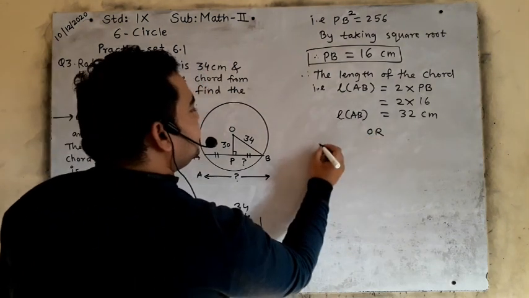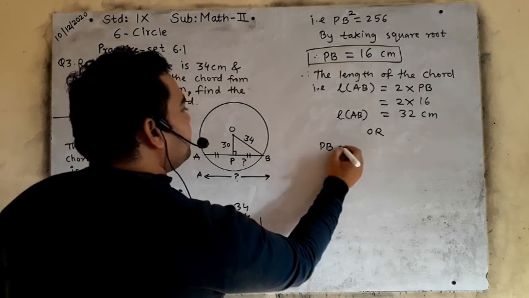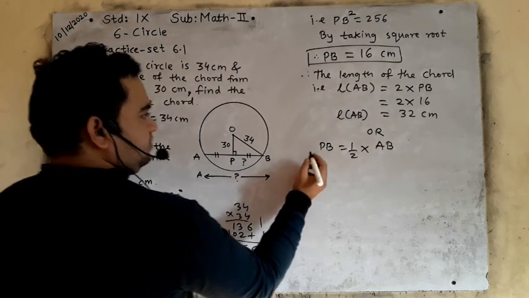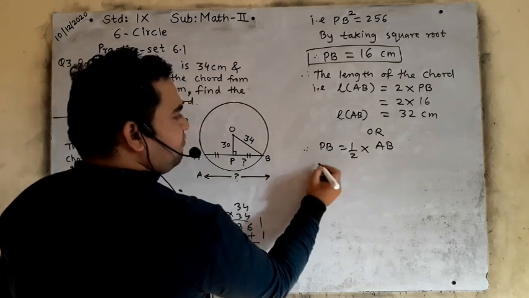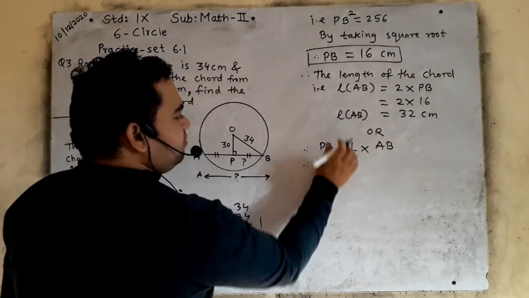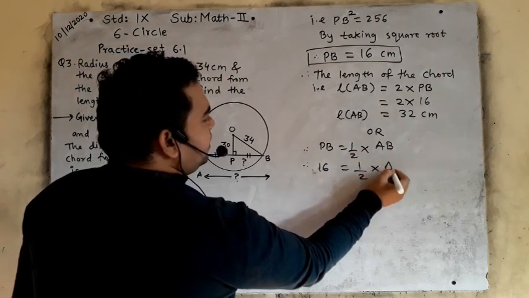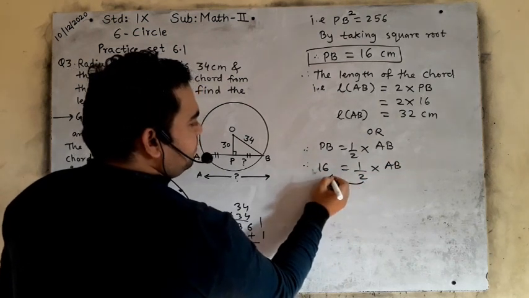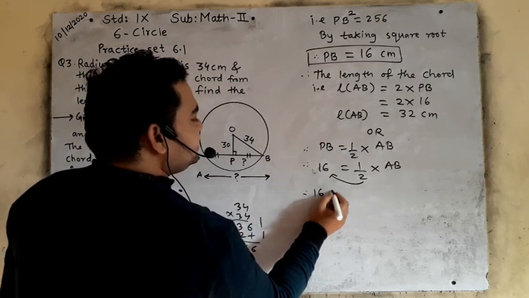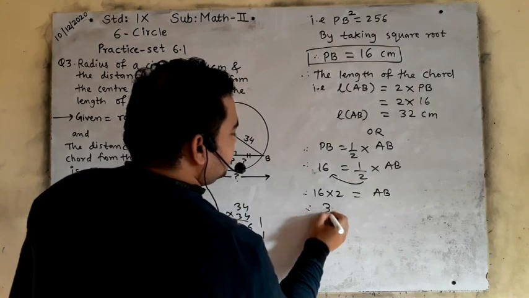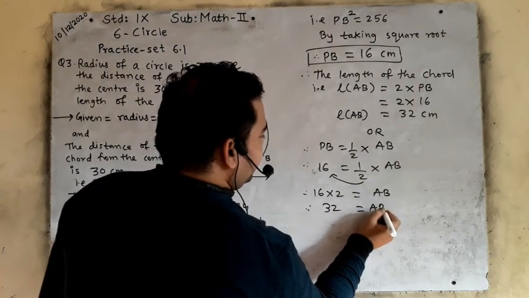Or you can solve it like this: PB is half of AB. We know that PB is half of AB. PB is 16, equal to half of AB. So this 2 will come here and multiply. 16 twos are AB, so 32 is equal to AB.